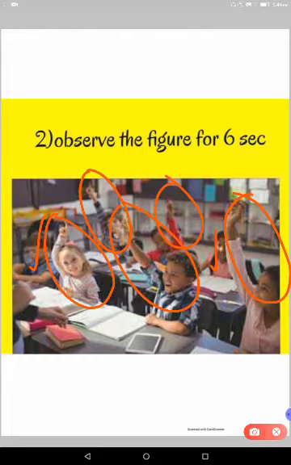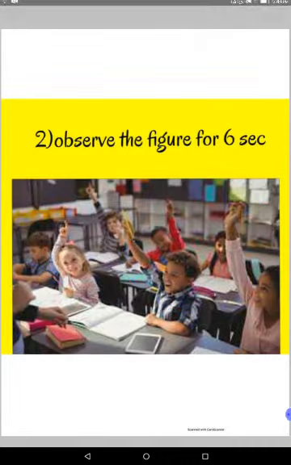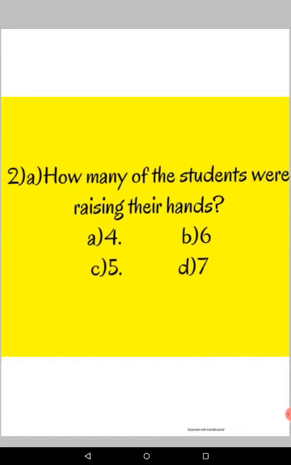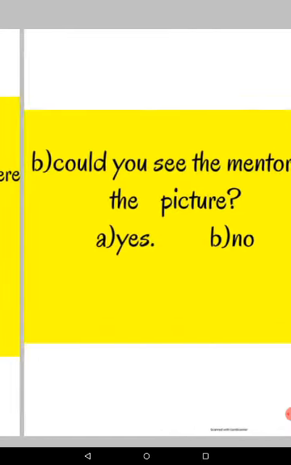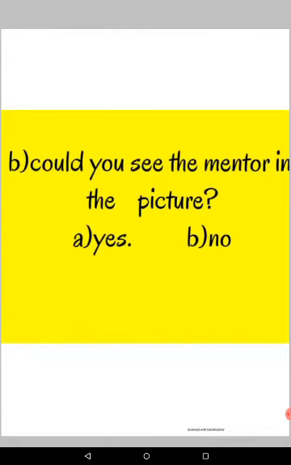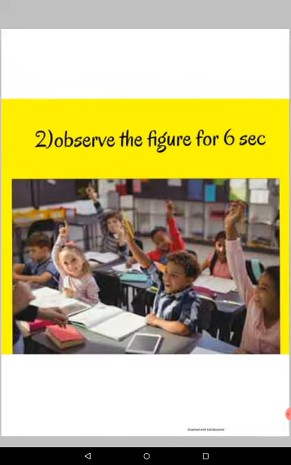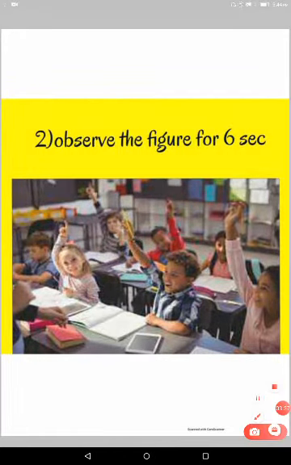Maybe they don't know the answer. Okay, anyway, 5 students are raising their hands, so the correct option is C. Now the next question is, could you see the mentor in the figure? Yes, we can see the mentor over here. Right here, she is standing, but we can't see her full image, but she is there.